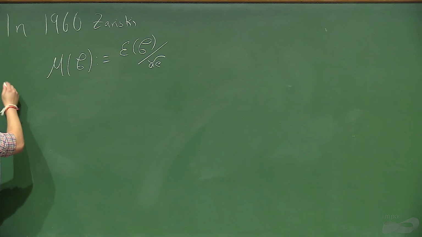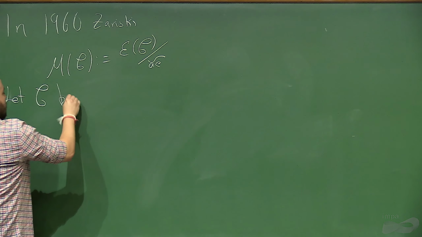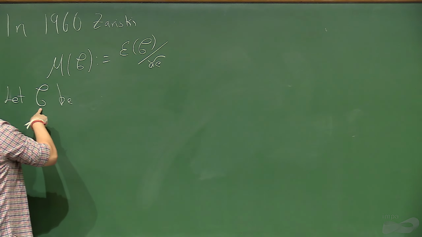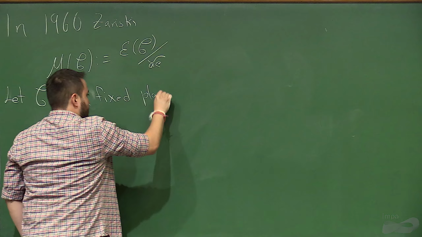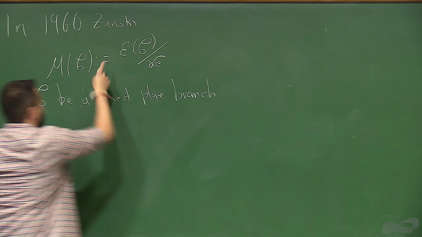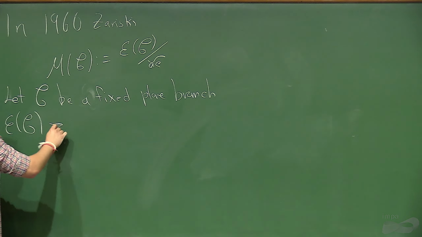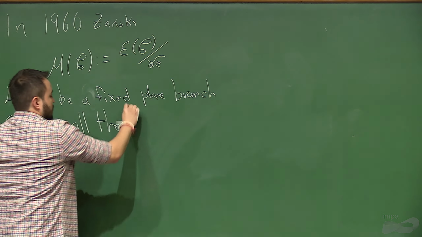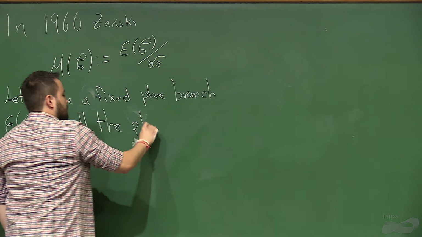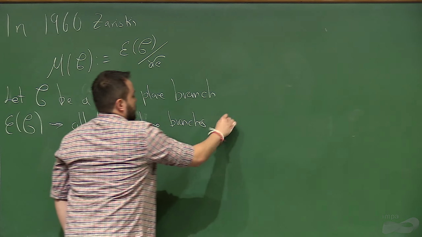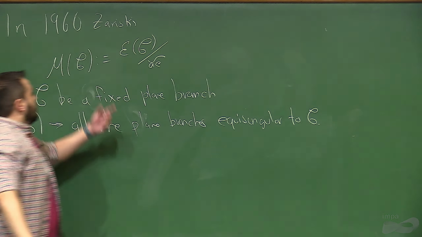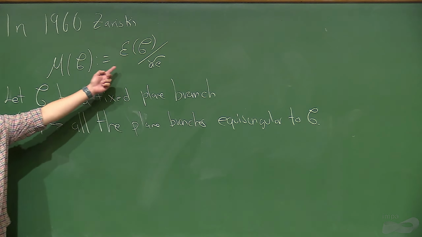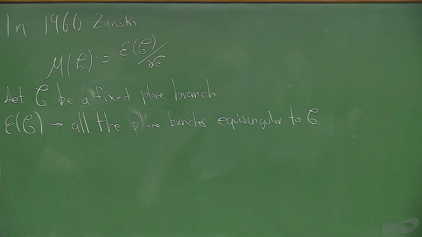We fix C, a plane branch, and we denote by EC the equisingularity class, that means all the plane branches equisingular to C. He was trying to describe the quotient space under analytic equivalence. Okay, so that's the main goal.